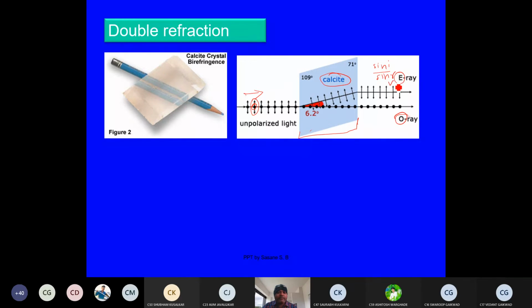So the refractive index for the extraordinary ray is not constant. It depends on the direction of the ray. That is a very surprising result. Hence, the ordinary ray will have the same speed along all directions.